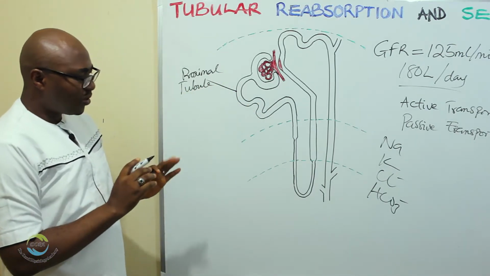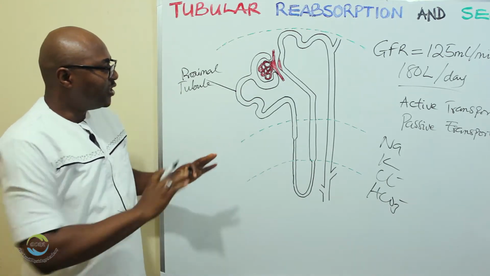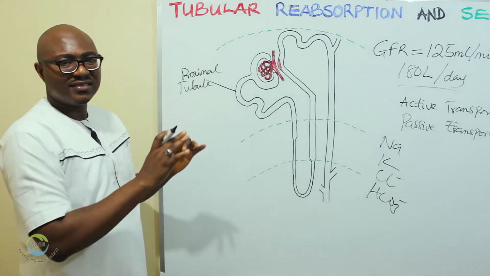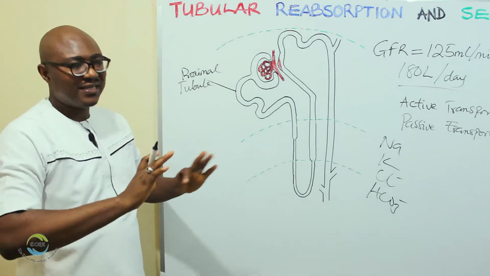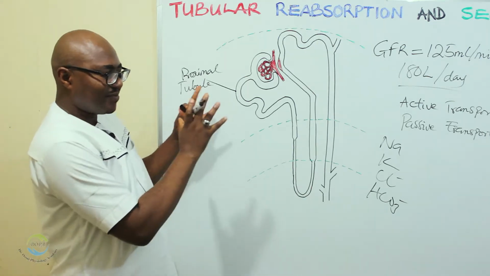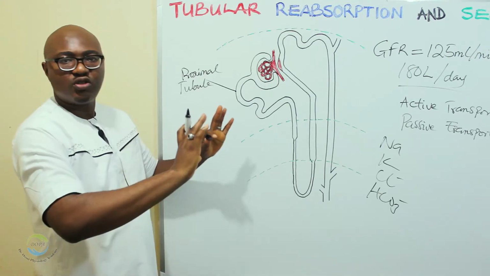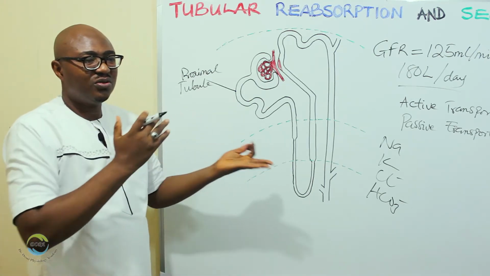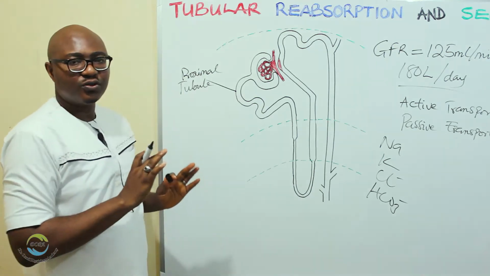Okay? So we're going to start with each and every one of these important ones. In other segments, we'll just focus mainly on water and sodium. Water is the main thing there, and sodium, the main solute, because many of all these solutes, in a way, are coupled with the transport of sodium.